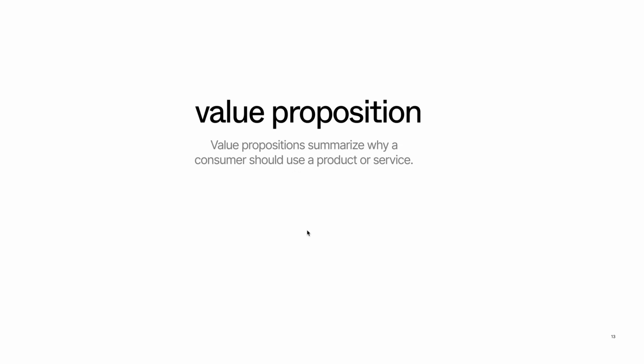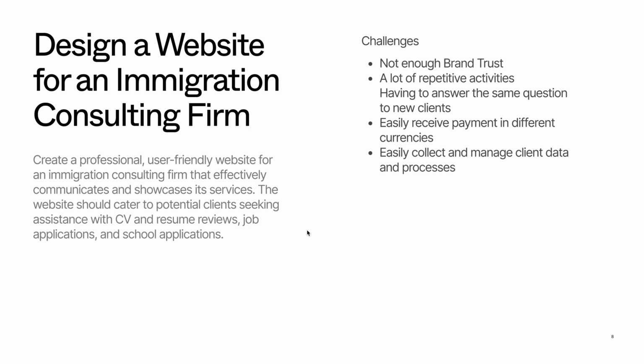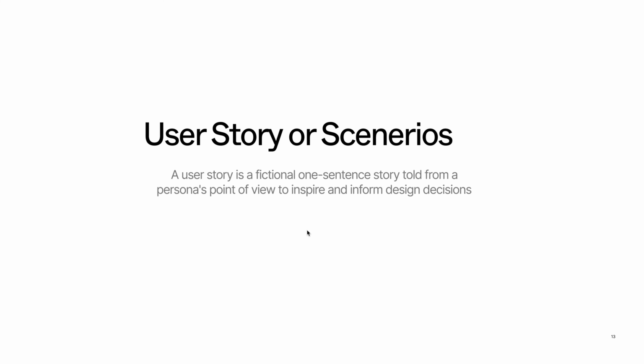So then we can go ahead to start crafting our goal statement. And like I mentioned, our goal statement is very similar to this. All we need to do is to break it down into different objectives. So that's where we are going to be stopping for this particular class.